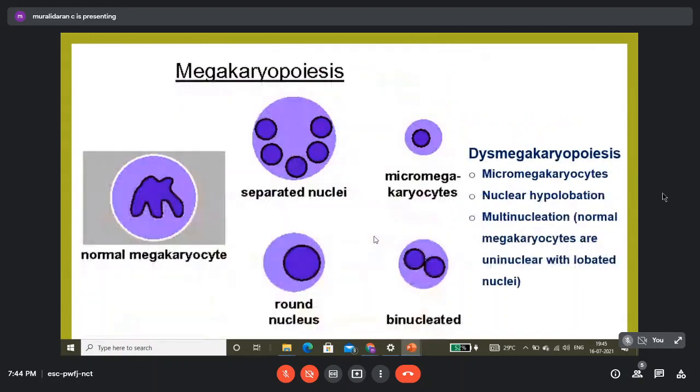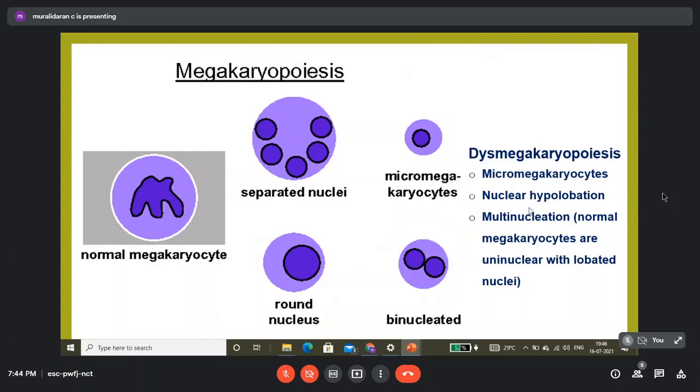So for dysmegakaryopoiesis, WHO mentions three criteria. Among these, the most important is micromegakaryocytes, which are abnormally very small, with mature-appearing cytoplasm, and compared to the normal they are around 10 to 15 times smaller than normal megakaryocytes.